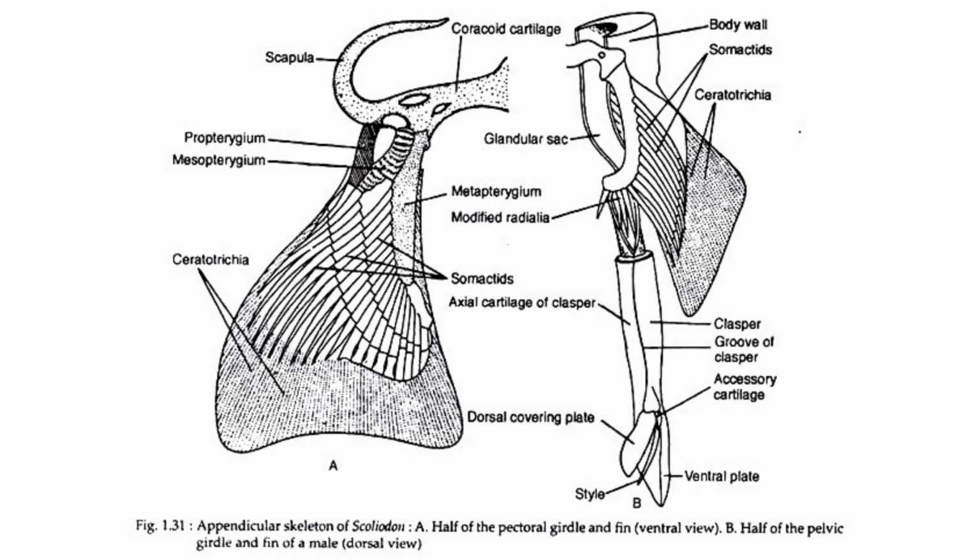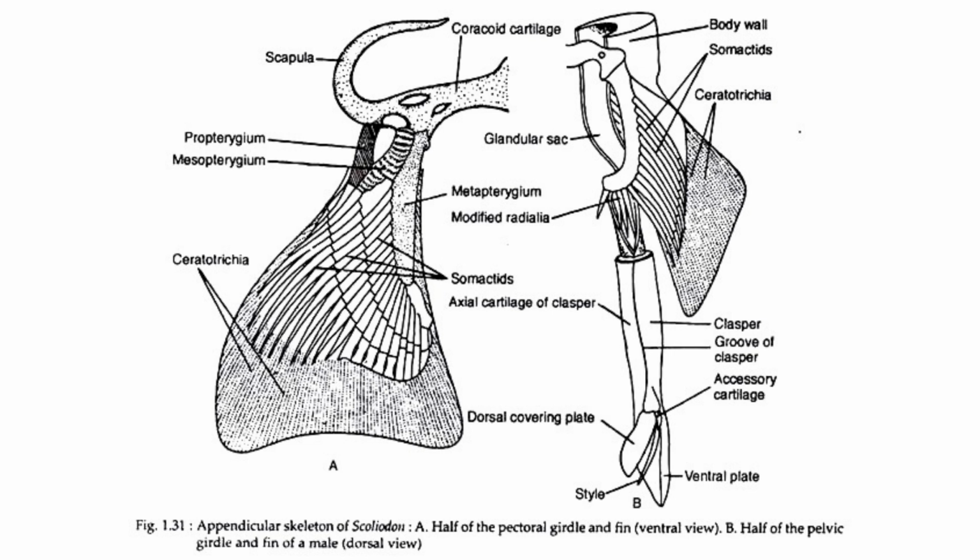The base of each pectoral fin is supported by three cartilages called protopterygium, mesopterygium, and metapterygium. These three articulate with three little facets, forming the glenoid surface at the junction of scapular and coracoid portions of pectoral girdles.